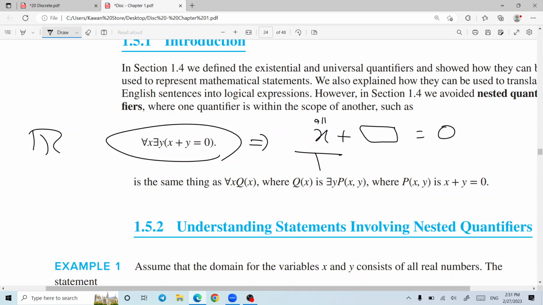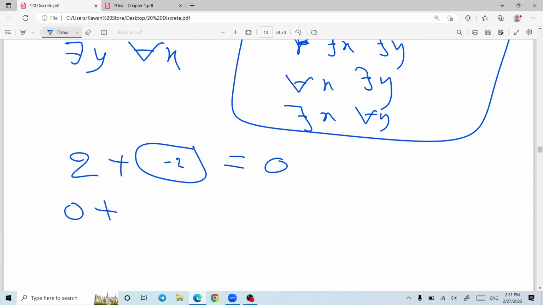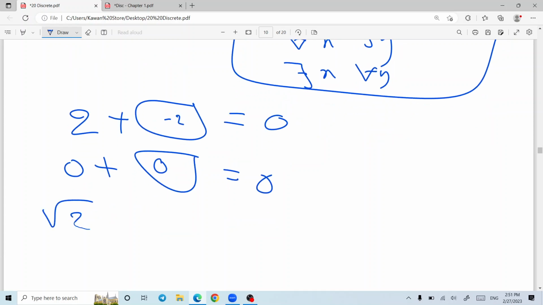Why? Because for every real number, you can find one y. In your mind, instead of 2, you have 0. Because I say there exists, so I will put 1. Maybe you have square root of 2, minus square root of 2.